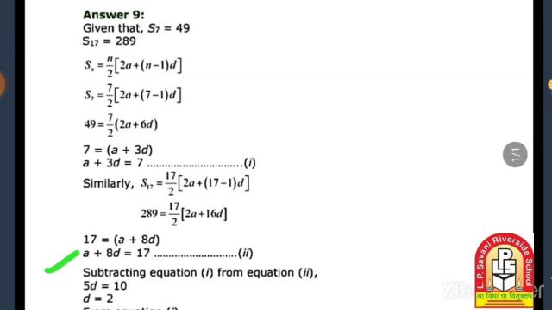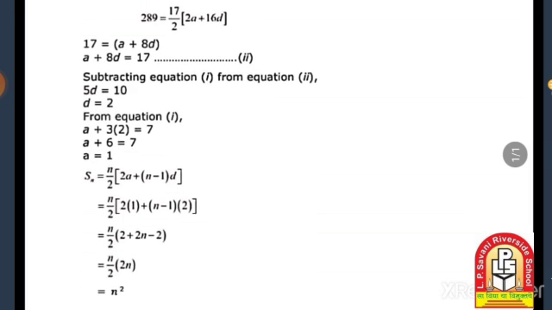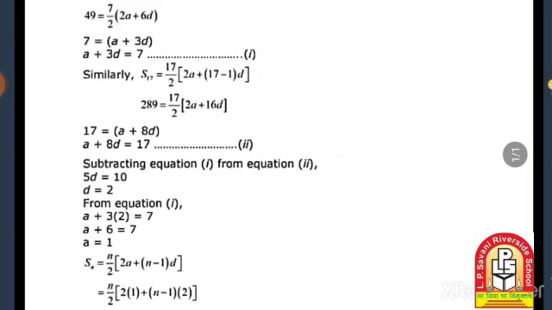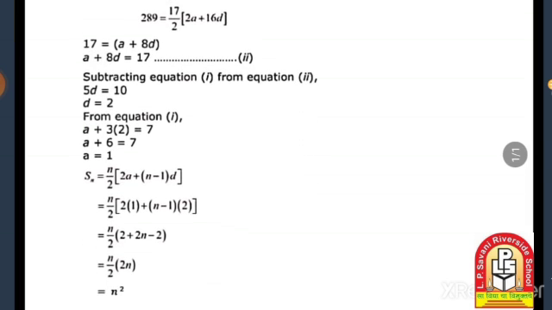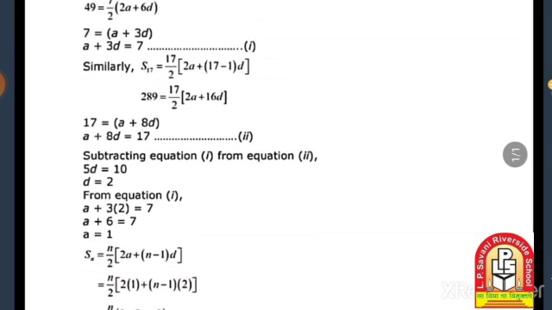Then subtracting equation 1 from equation 2: a plus 3d is equal to 7 and a plus 8d is equal to 17. So subtracting, we get 8d minus 3d, that is 5d, and 17 minus 7, that is 10.